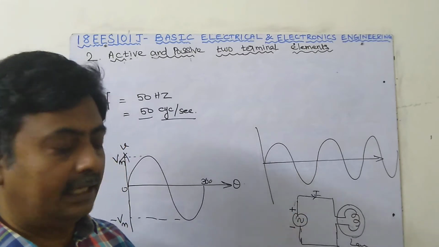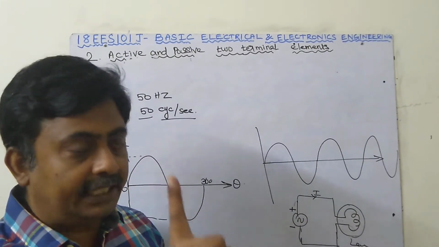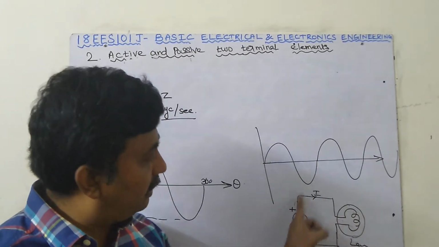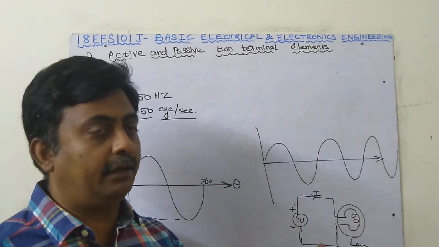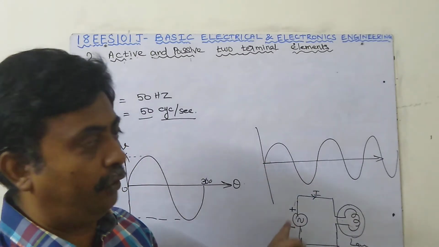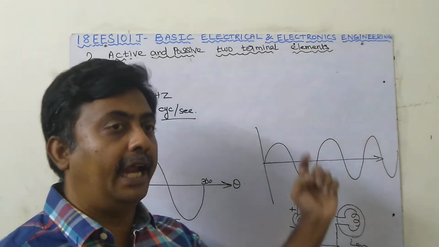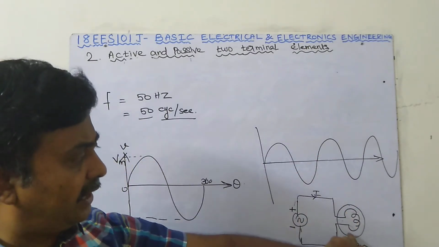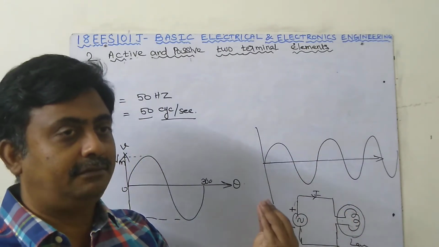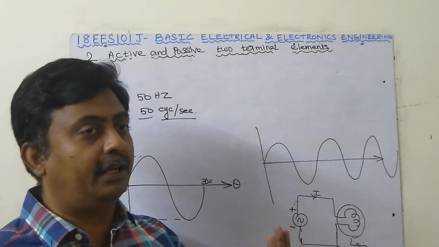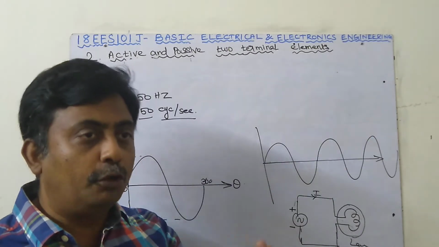So in 1 second, the current will flow clockwise 50 times and anti-clockwise 50 times. Will the lamp flicker? Yes, this incandescent lamp will flicker, because in all our households we are using only AC.